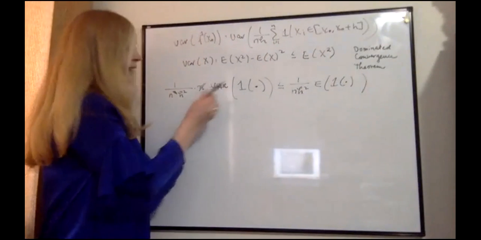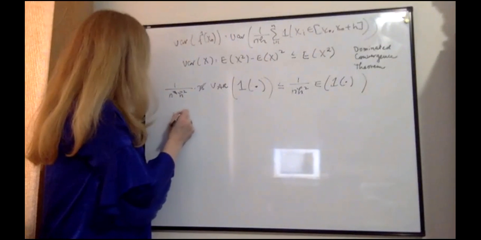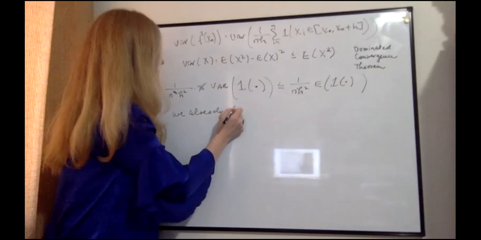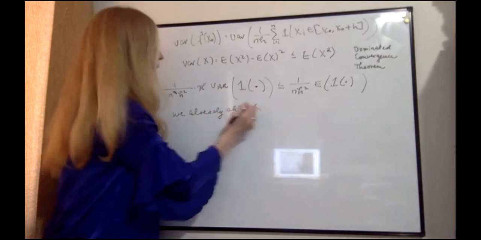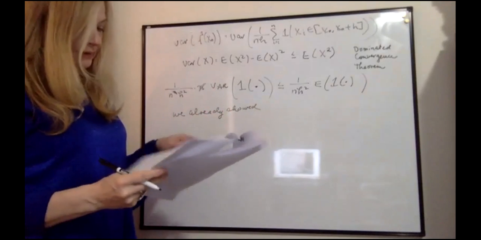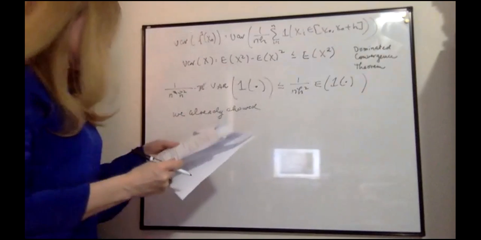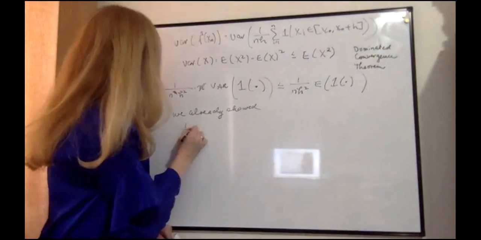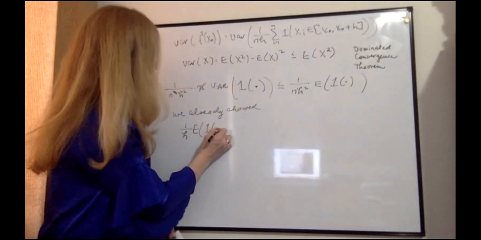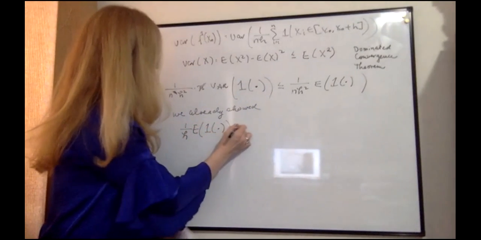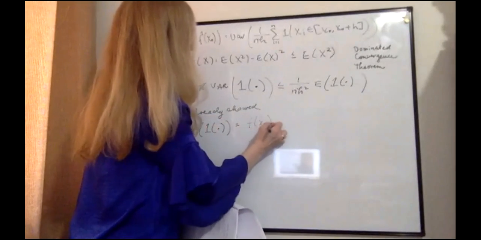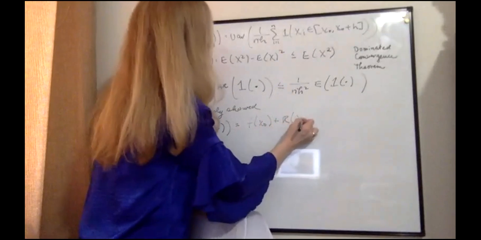Okay, and we already showed the term we analyzed before when we looked at the bias. It was actually 1 over h times the expected value of that indicator. And we showed that that was f of x naught plus a remainder term.